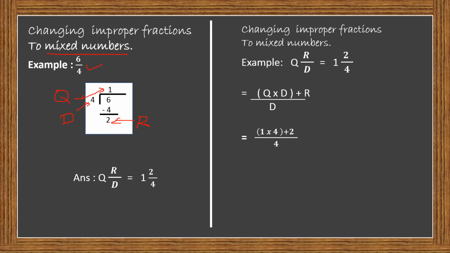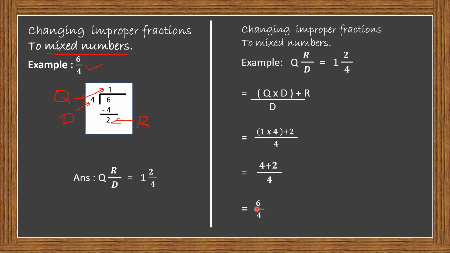So put the values. Now Q is your 1. We have written 1 multiplied by D, which is your 4. So we have written 4 plus R. R is your 2. So we have written 2 here. And we have written the divisor as it is. So 1 into 4 plus 2. 1 into 4 is 4, plus 2 is 6. So it becomes 6 upon 4.